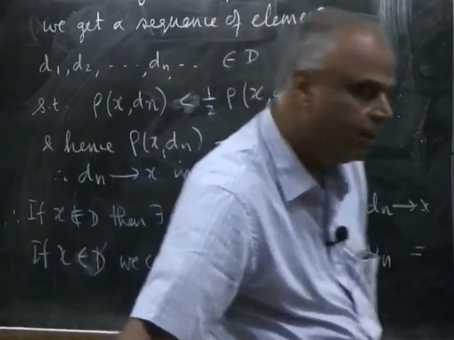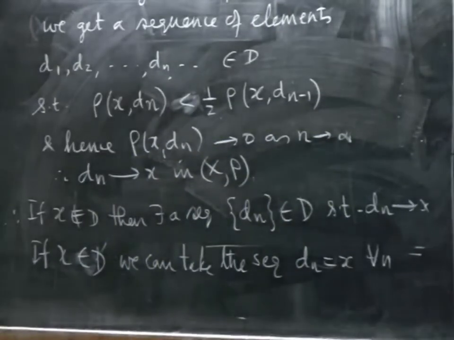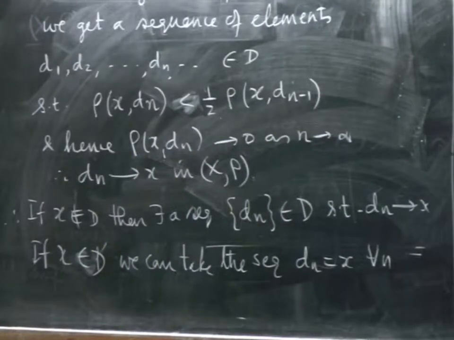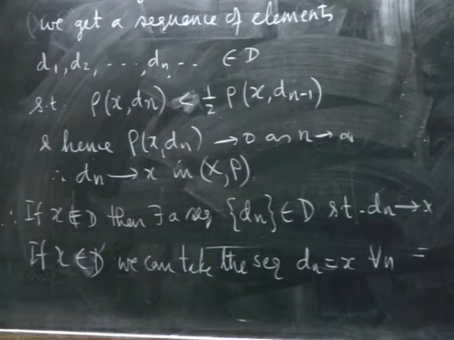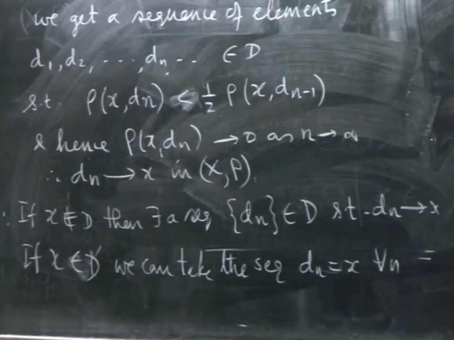So the final conclusion is, whether it is in D or not, for every element of X, there is a sequence of D elements which converge to that.